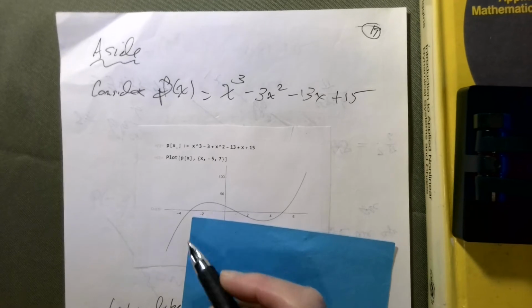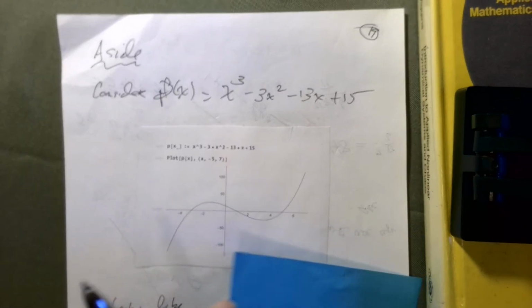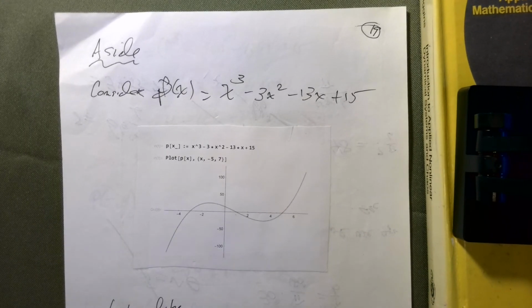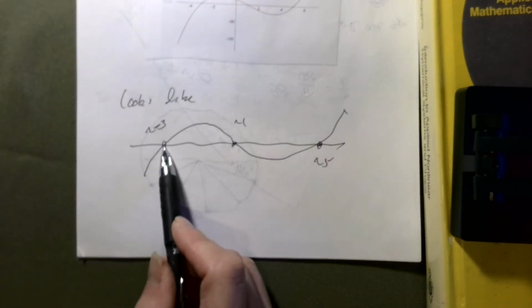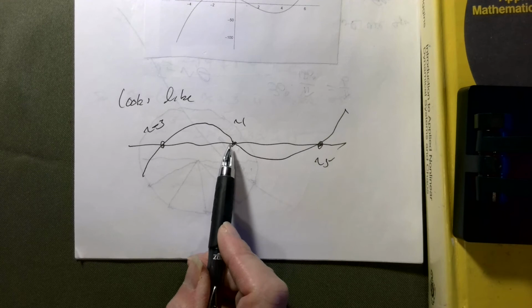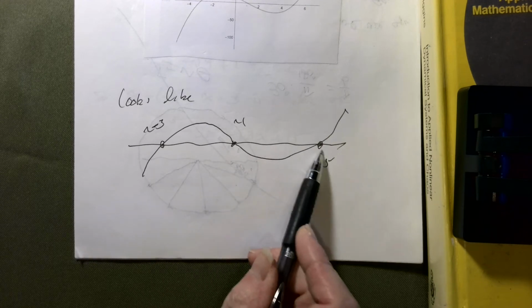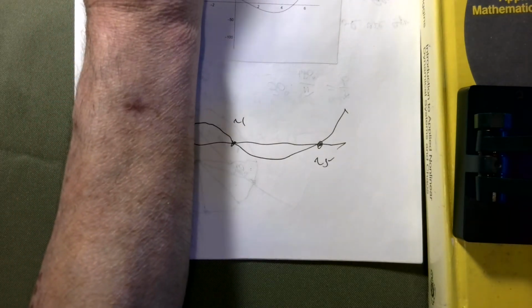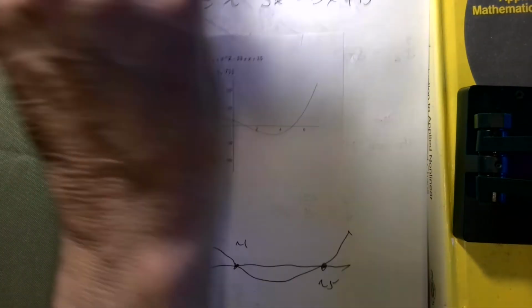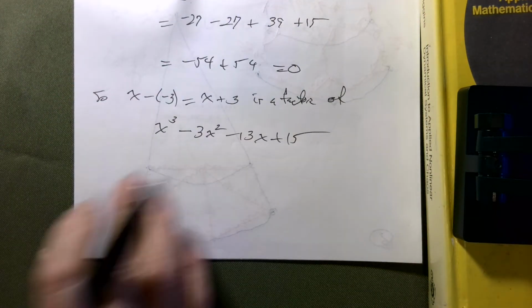Now this is not a proof of anything, this is just an observation. So if I take a look at my graph, it looks like it crosses here at -3, at 1, and at 5, and I just put approximately. Okay? So let's see if we can verify that algebraically.